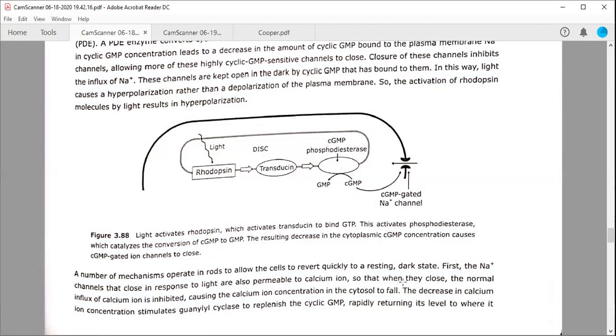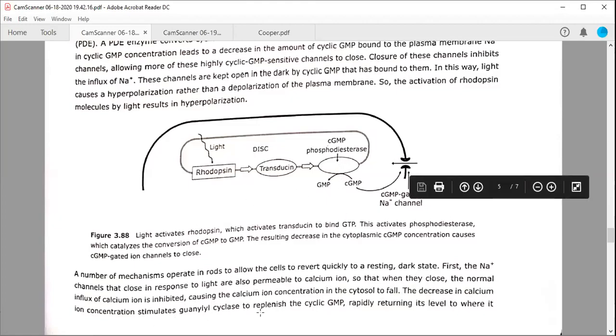So when they close, the normal influx of calcium ions is also inhibited, causing the calcium ion concentration in the cytosol to fall. The decrease in calcium ion concentration stimulates guanylyl cyclase to replenish the cyclic GMP. This guanylyl cyclase enzyme in the rod cells is under direct control of calcium.